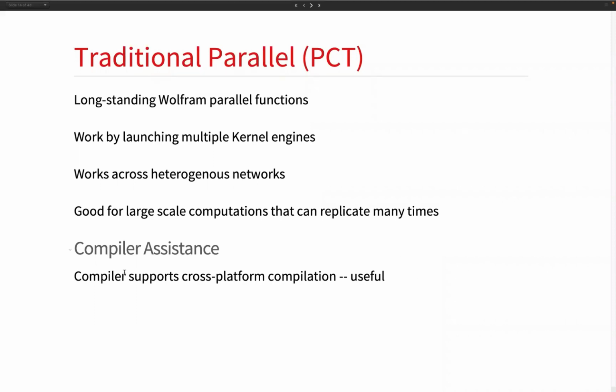And actually, the compiler is quite useful for this. One of the nice features of the compiler is it supports cross-compilation. So in one invocation of the compiler, you can produce a function that has optimized code for many different platforms, and that's quite useful for a heterogeneous network.